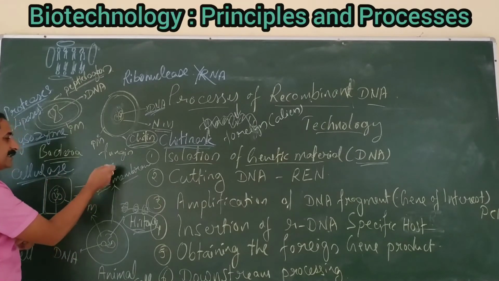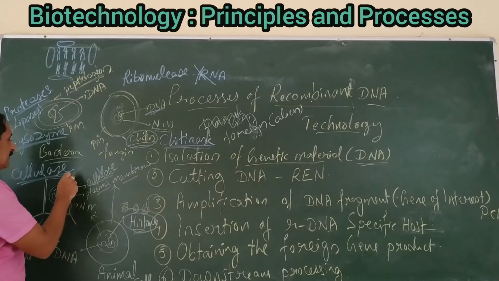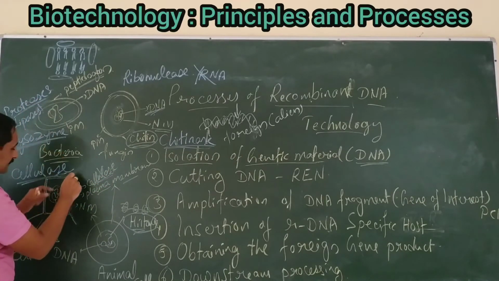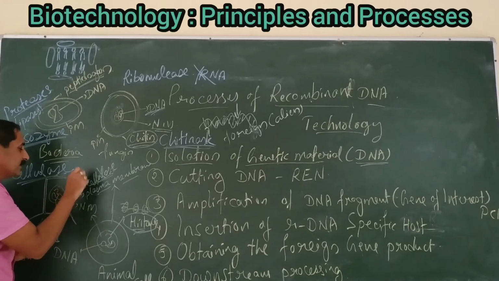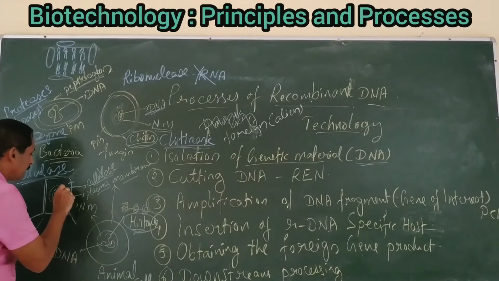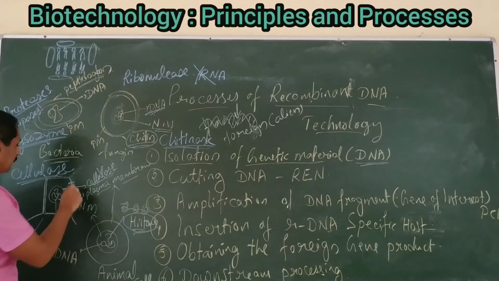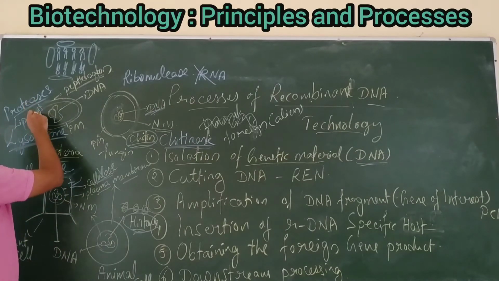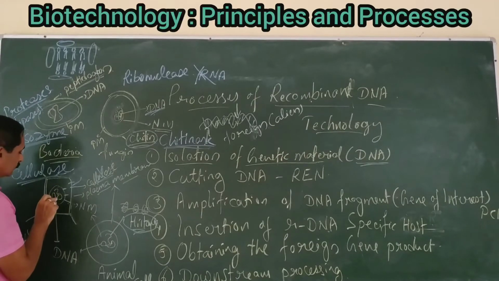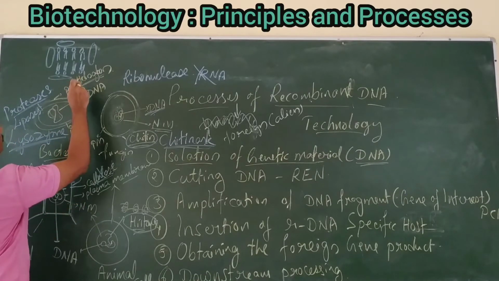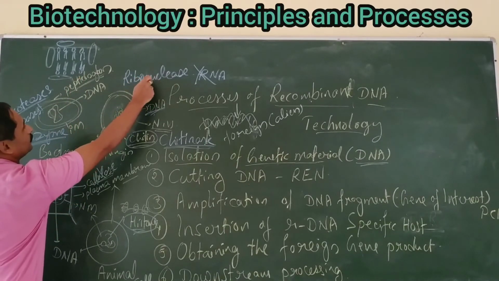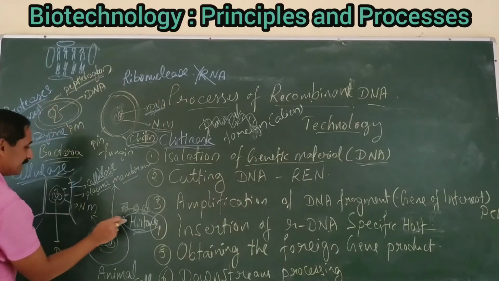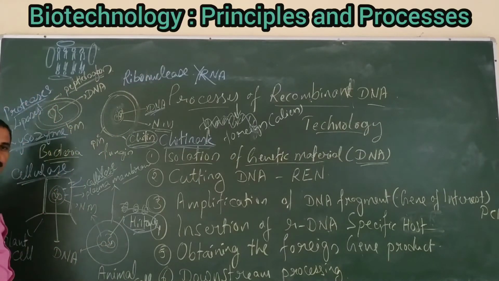After removing the cell wall, by using lipases and proteases, you have to remove the plasma membrane as well as the nuclear membrane. And also the RNA is removed by ribonucleases, and histone proteins are removed by using proteases.